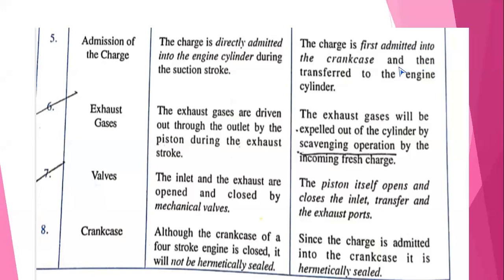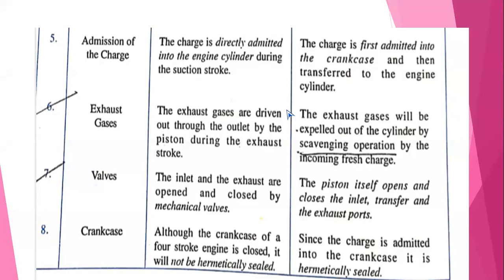But in a two-stroke engine, there is an exhaust port present in the cylinder head. From that port, the unburnt and burnt gases are released to the atmosphere. That function is carried out by the piston itself. Remember, in a two-stroke engine, the exhaust takes place due to the movement of the piston.